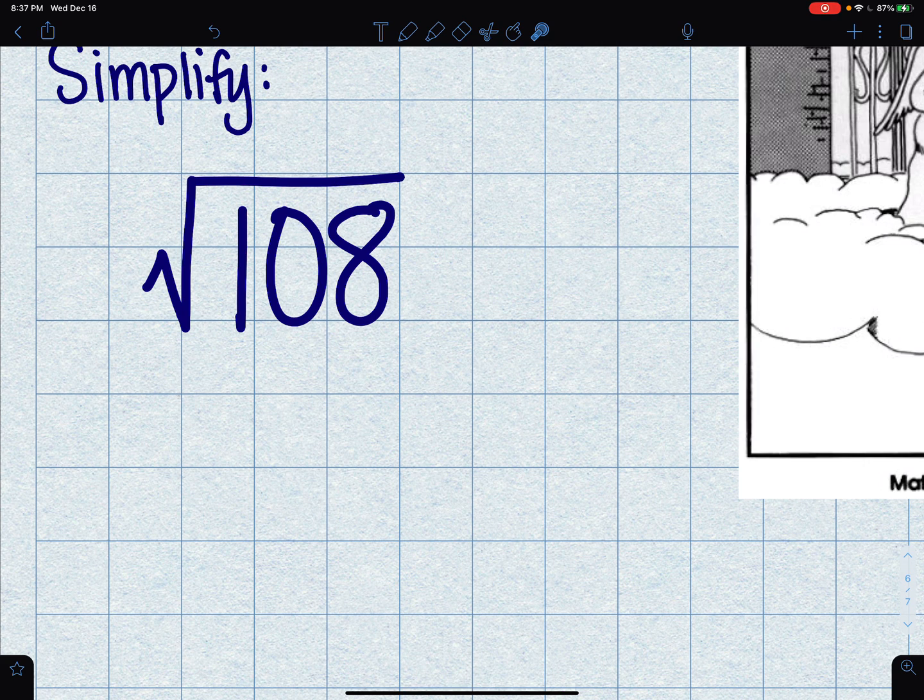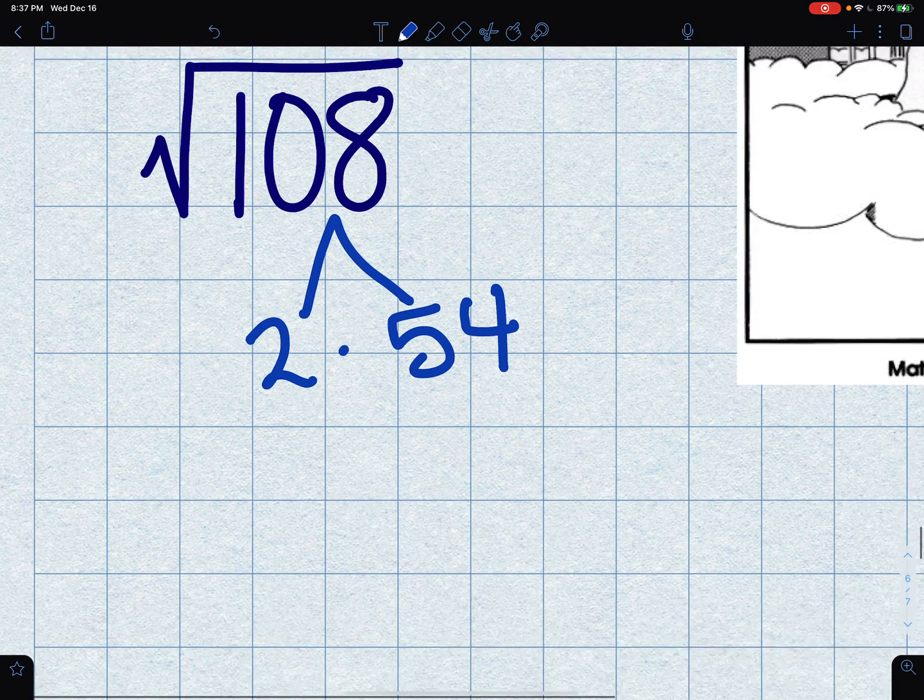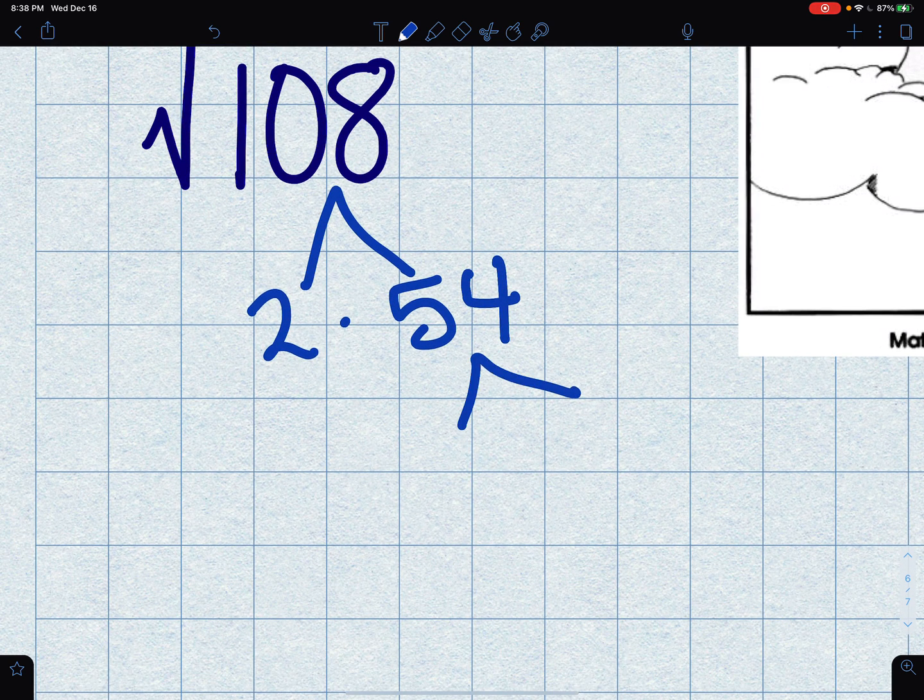All right. Let's break down 108. Now, this one is an even number, so I'm going to start with 2. 2 times what? It's going to be 54. That's another even number I can break down, which is 2 times what? 27.